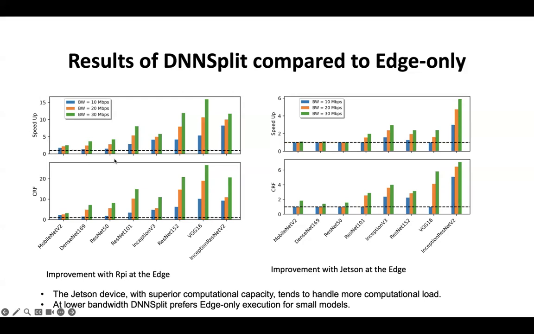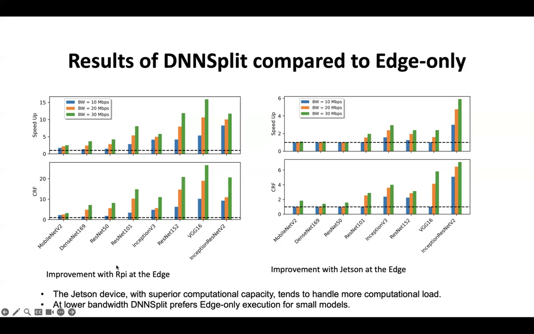Here, the black line in the upper plot shows the speed up equals to 1, and the black dotted line in the lower plot shows the cost reduction factor equals to 1, which means there is no reduction that we have achieved. If the bar goes above, then there is some cost reduction we can achieve by using the DNN-split strategy.